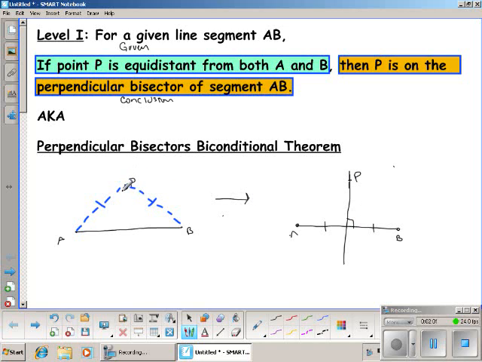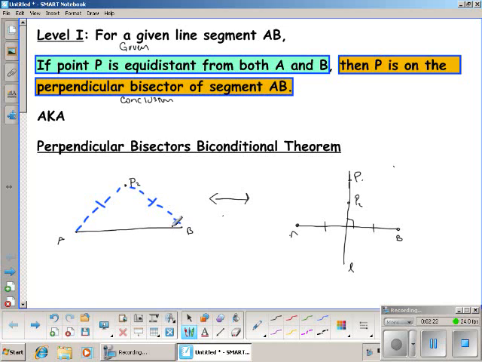So, being biconditional, it doesn't matter if I start by picking that point P so it's equidistant, or if I pick that point P that's already on the perpendicular bisector. It gives me the opposite conclusion. So if I say I have this perpendicular bisector L, pick a point P on it, like this guy, then automatically I know that point P is going to be equidistant to the endpoints of AB.